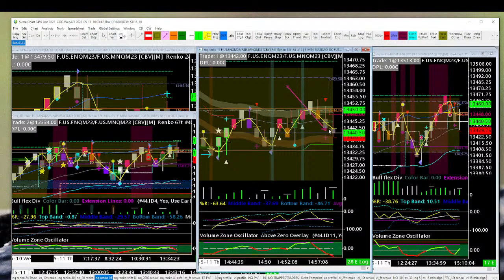Because to print a bar to the downside after this close, you need to go 15 more ticks. And to close to the upside now, you have to retrace this entire bar's body and then go 15 ticks. So in essence, on a reversal bar, you need 30 ticks of movement for that bar to reverse.